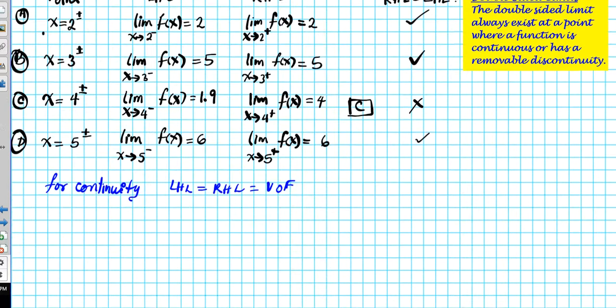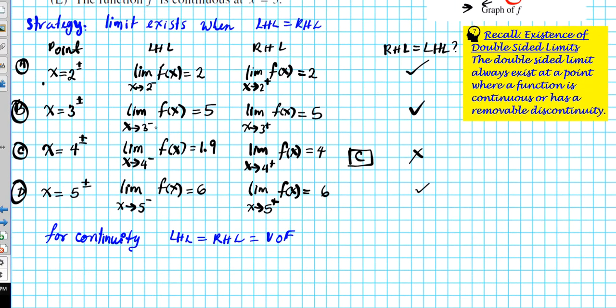What's happening at 3? At x equals 3, we've already shown that the left hand limit and the right hand limits are equal to 5. Okay? But what is the value of the function there? So for option E, we're looking at x equals 3, from the left and the right.